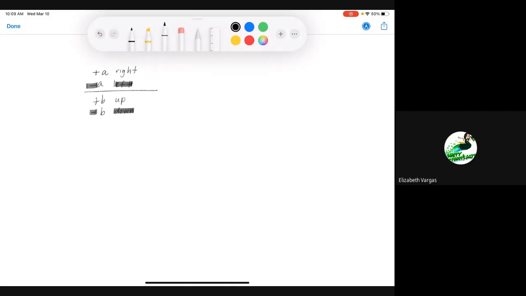Okay, so say I have something that says T, which represents my translation. Remember that A will be on this side, and B will be on this side. Let's say I have T, negative 5, and 6. Well, this tells me that I have a negative A, because that's where my A is located. And so because I have a negative A, I move 5 units to the left.